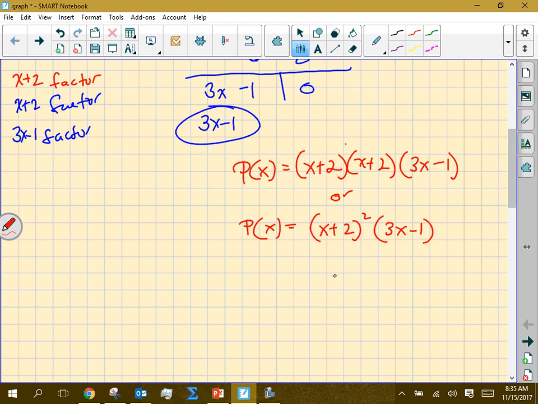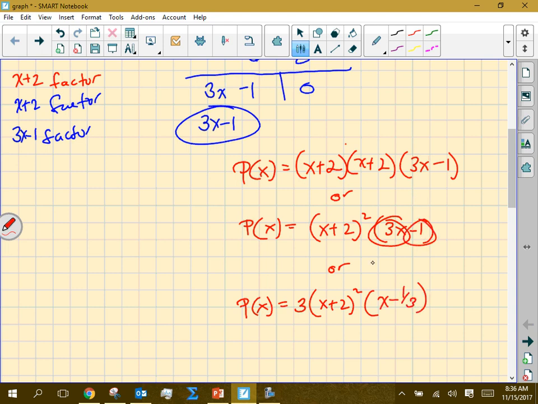Or some people like to do this. They like this number right here to be a 1. They like every single one of their linear factors to have an x coefficient of 1. So if I factor that 3 out, I could go 3 times x plus 2 squared, and now dividing that 3 out of there would give me 1x minus 1/3.